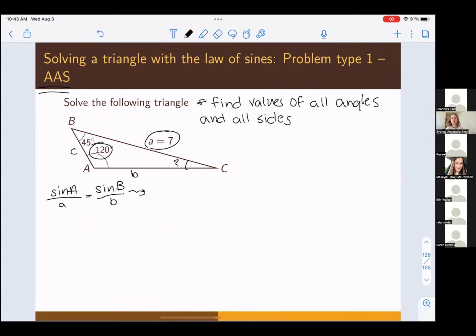Plugging our known values in for those, we know that the sine of 120 degrees over 7, because those are the corresponding side angle pair, is equal to the sine of angle B, which we know B is 45 degrees, over, we're trying to solve for side B. We don't know what side B is yet, but that's what we're trying to solve for.